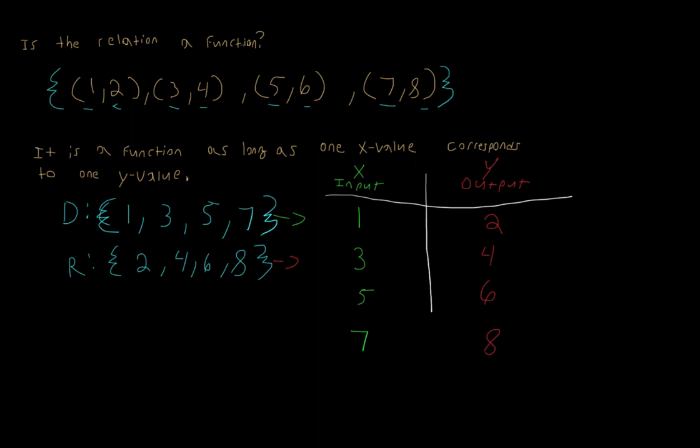Okay, so how do we connect these? Well, look up here. We know that 1 and 2 are together, x and y. These ordered pairs are together. So 1 goes to 2, 3 goes to 4. It's really simple. 5 corresponds to 6, and 7 corresponds to 8.